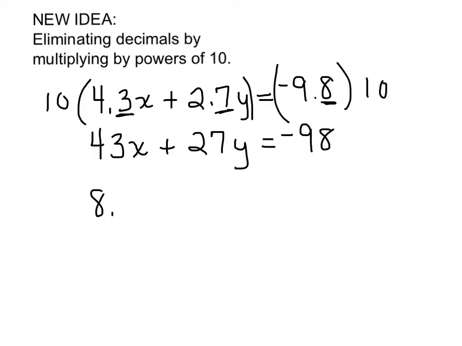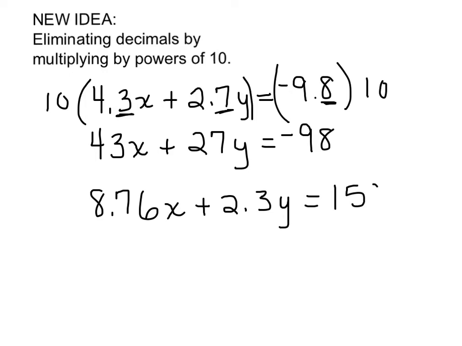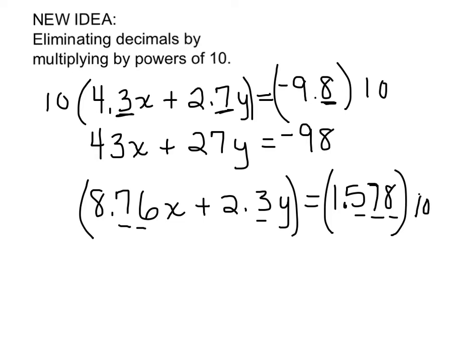The other case is when we have varied numbers or more numbers behind the decimal point. So what do we do in this case? What we're actually doing is looking for the biggest number of digits behind the decimal point. In this case, it's 1.578. There's 3 places behind the decimal. I'm going to multiply by 10 to the 3rd power, or 1000, right?